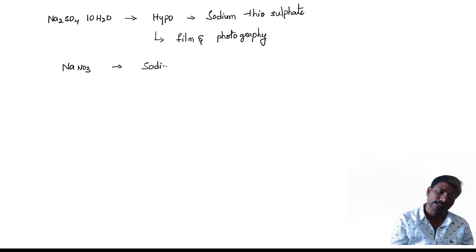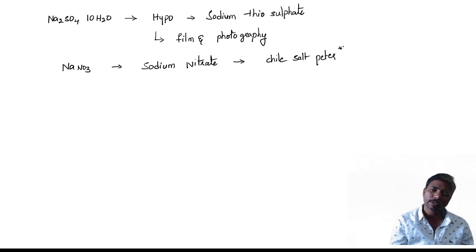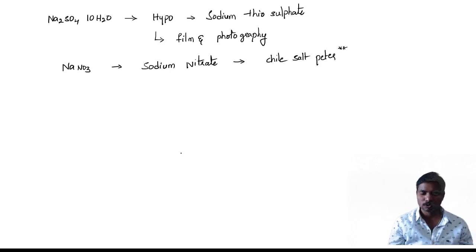Now one more important one, sodium nitrate. It is also called Chile saltpeter, a very important question. Chile saltpeter chemical formula NaNO3.